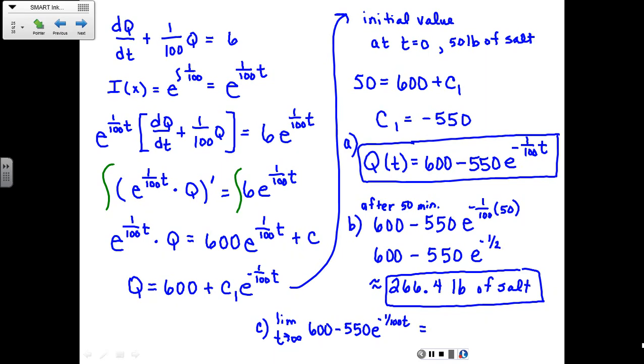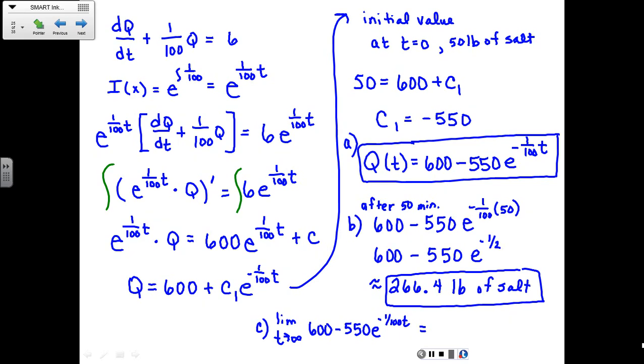If we have a negative exponent, where does it go? Down below. So you're going to have 550 over infinity. What happens, guys, in calculus 1, 2, and 3, if you have a number over infinity? 0. So as time goes, you got 600 minus 0.